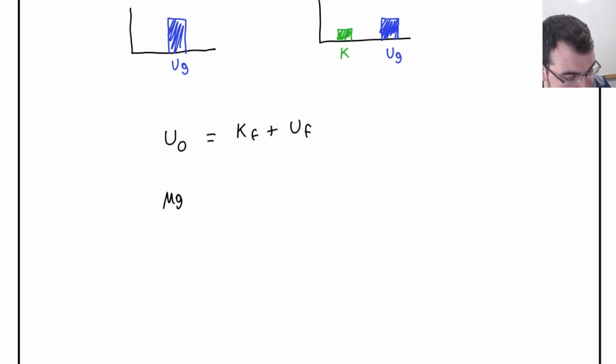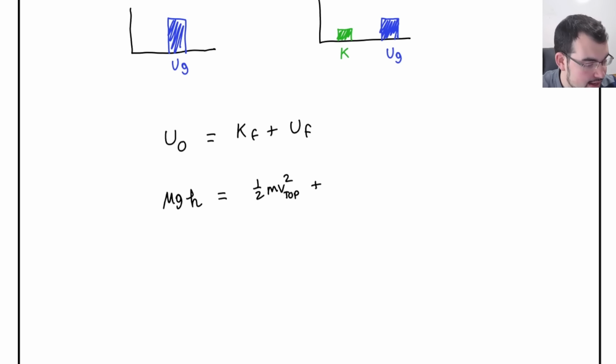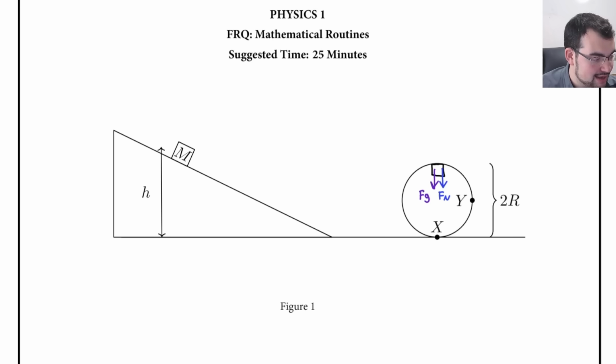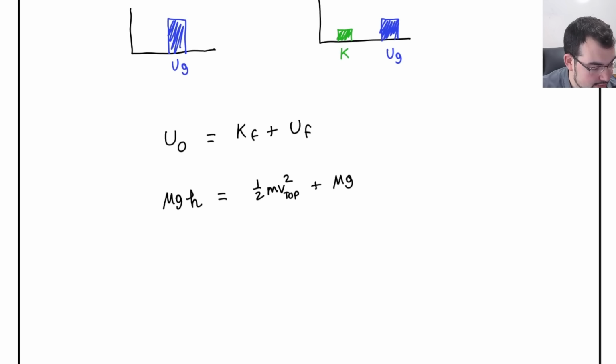So mgh is equal to 1/2 mv top squared, because kinetic is 1/2 mv squared, and we use mgh, but at the top of the loop. So here's actually why I gave you the diameter of the loop instead of the radius, because I wanted you to be able to see that this is a height of 2r. So I thought that would be easier for you to identify the height as 2r.